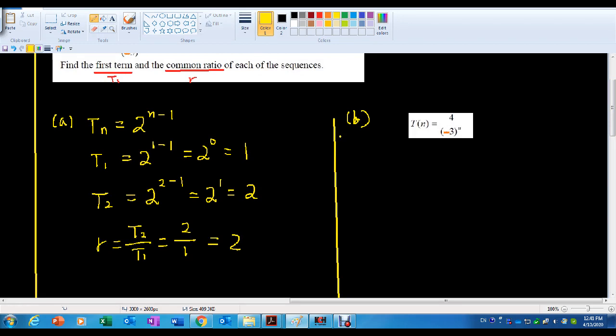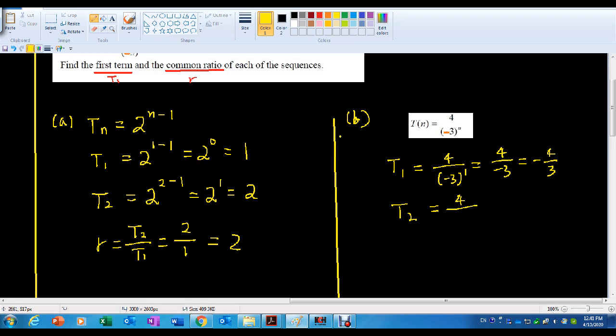Alright, so to do this one, again, we use a similar process. We need to find T1. So that's T1. And then we are going to find T2, because you need T2 divided by T1 to find the common ratio.